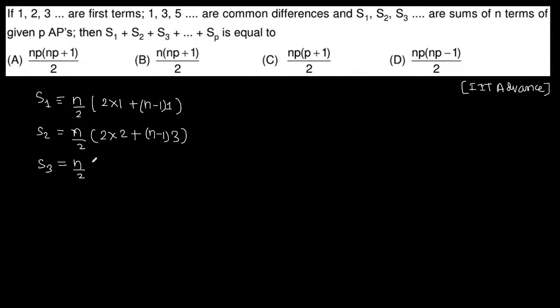S3 is n by 2, 2 into 3 plus n minus 1 into 5, and so on up to Sp, n by 2, 2 into p plus n minus 1 times, with common differences 1, 3, 5, 7, which comes out to be 2p minus 1.